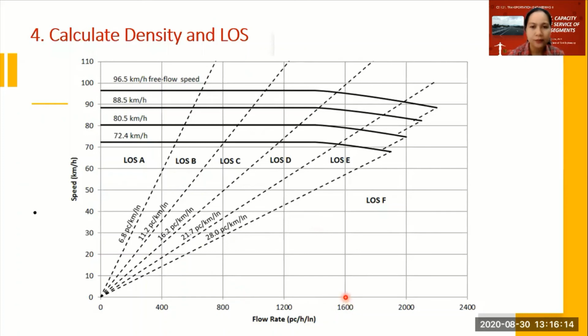You can have a line vertically upward which will intersect with your speed. So wherever the region of intersection is, then that's the level of service of the multi-lane highway.